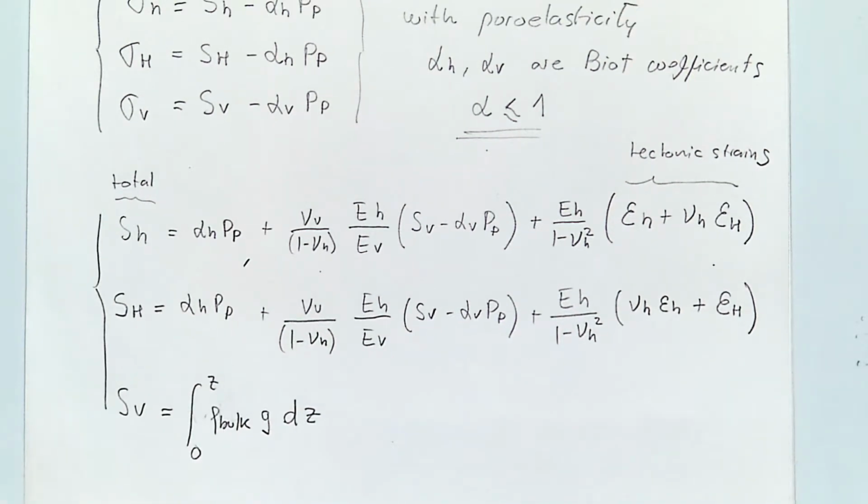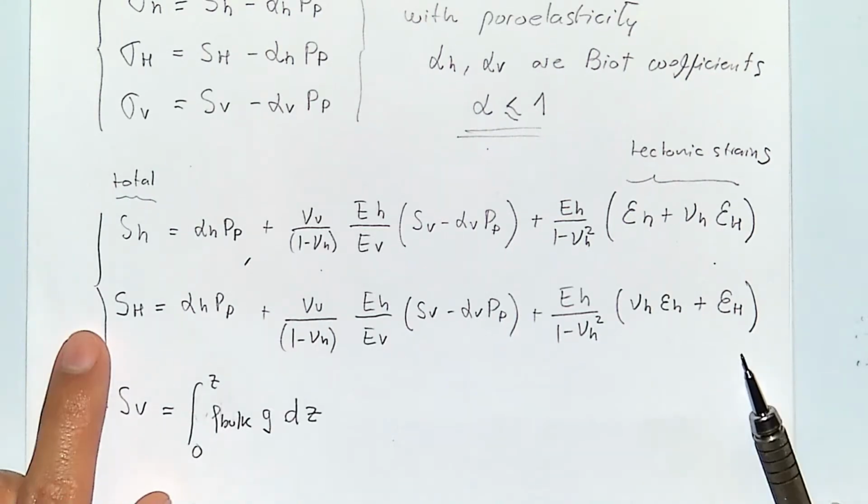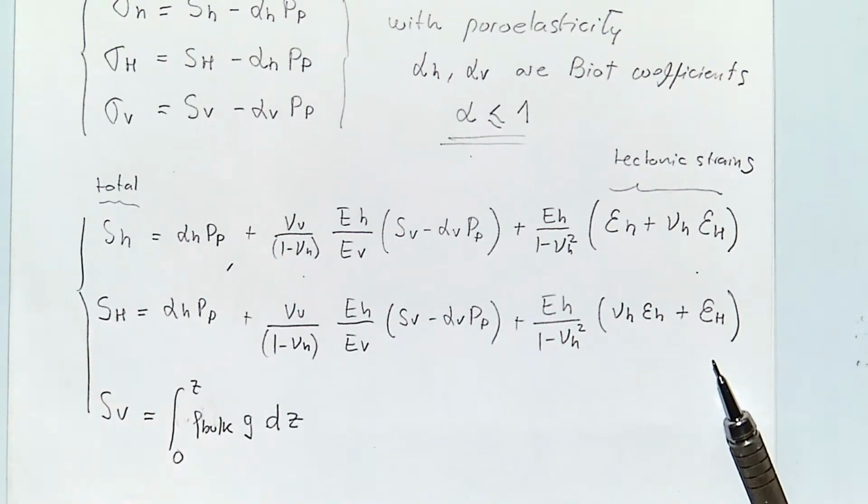So we already knew that equation, and these are the two new equations for horizontal stresses for an anisotropic medium. And with that model, now we're going to be closer to predict stresses in formations that exhibit anisotropy.